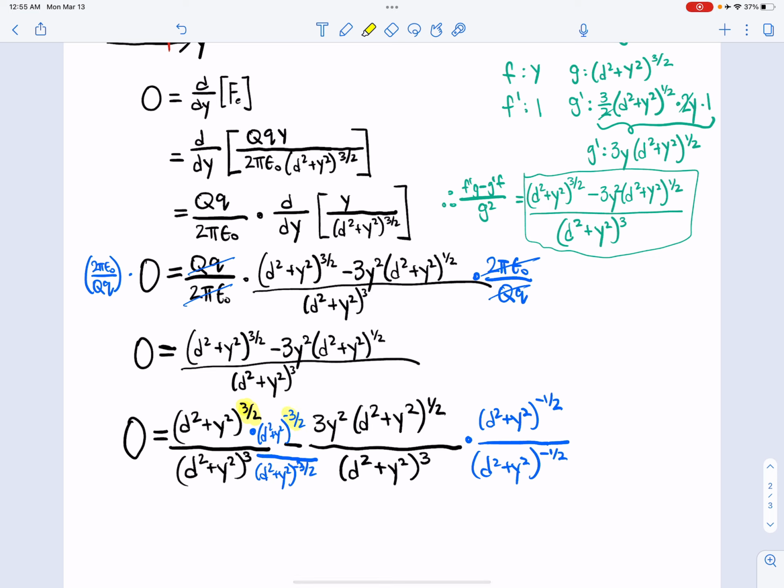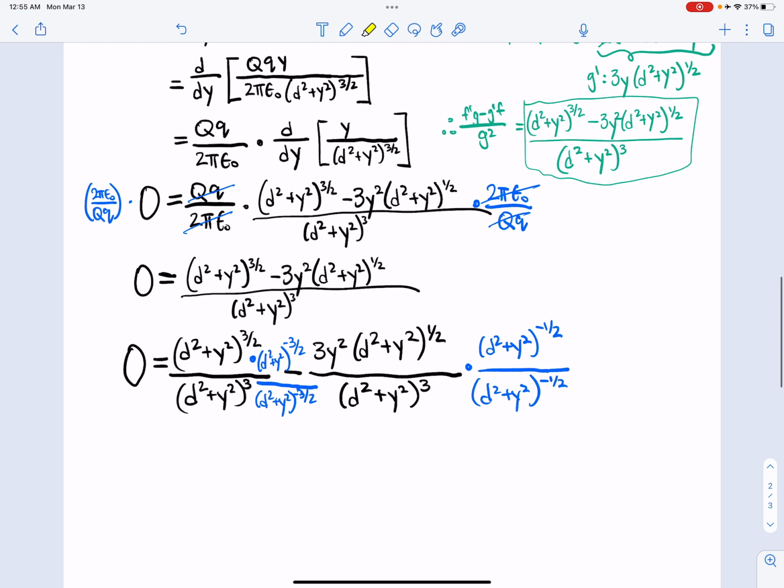So 3 over 2, I'm going to multiply by minus 3 over 2 in the numerator and denominator. On the second term, I have d squared plus y squared to the power of 1/2, so I'm going to multiply by d squared plus y squared to the power of minus 1/2 in the numerator and denominator. So that's just multiplying them by 1, right?